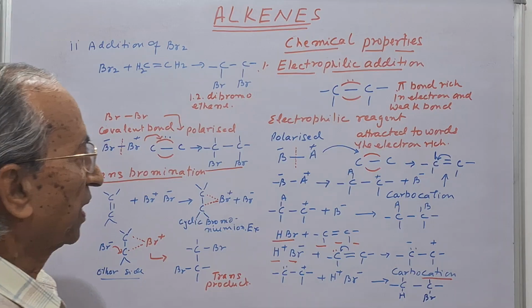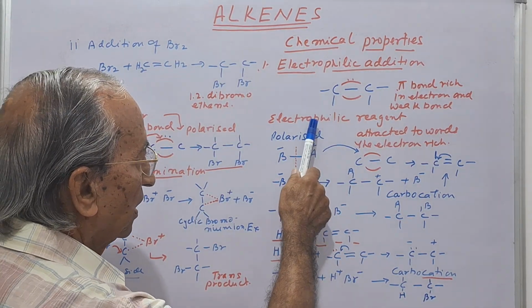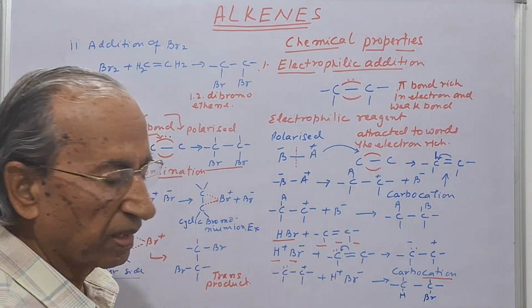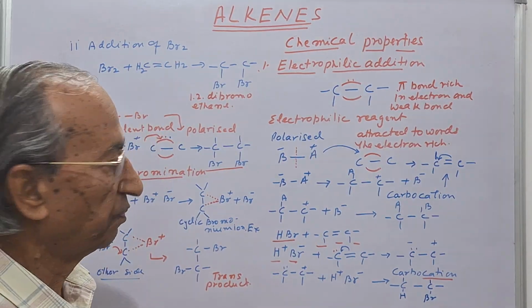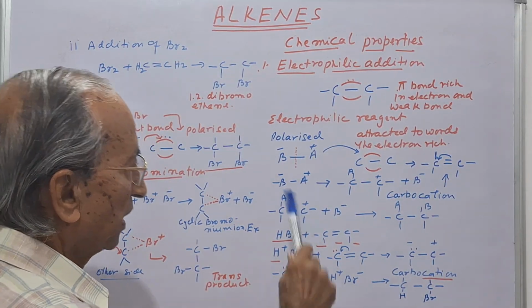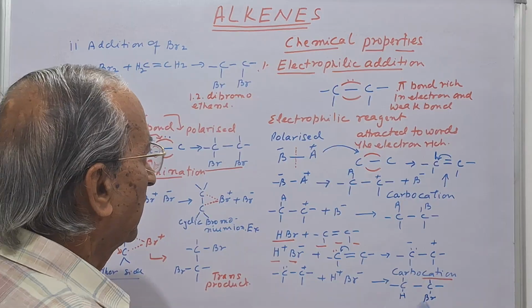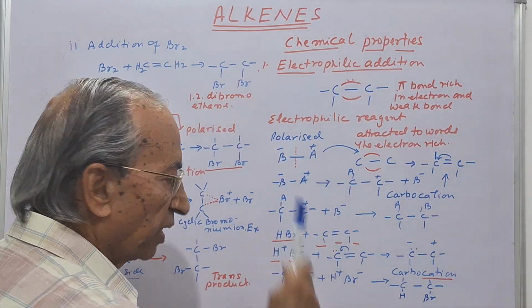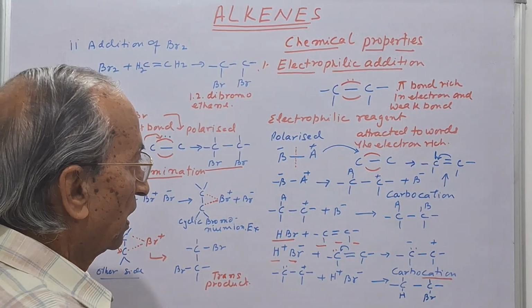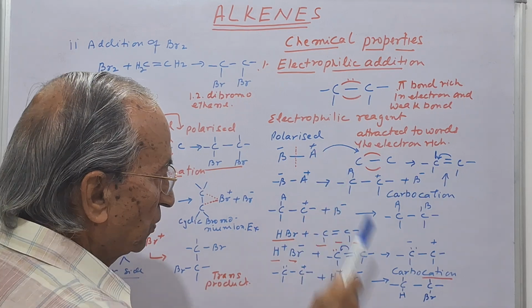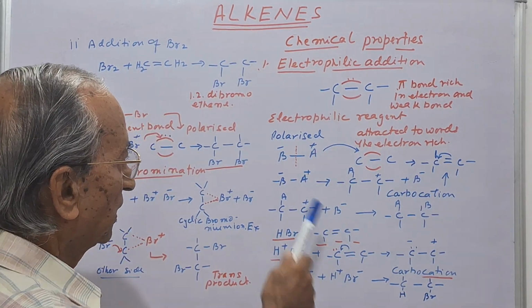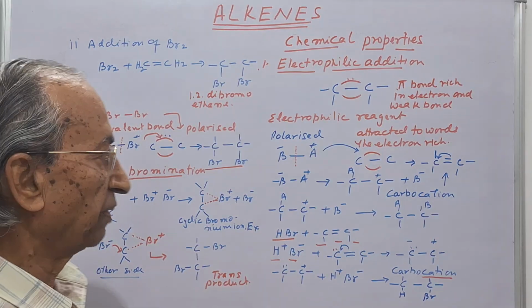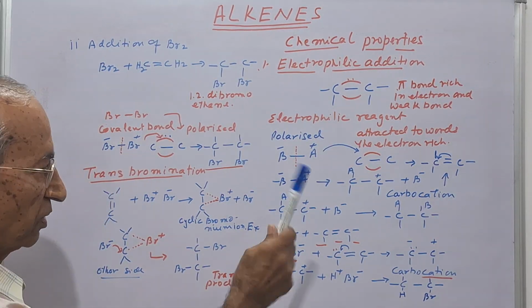Again listen, whenever an electrophilic reagent comes closer to the pi bond, there is a repulsion and the electrophilic reagent is polarized. The atom nearest to the pi bond becomes positive and the other atom becomes negative. Now this is the first step.